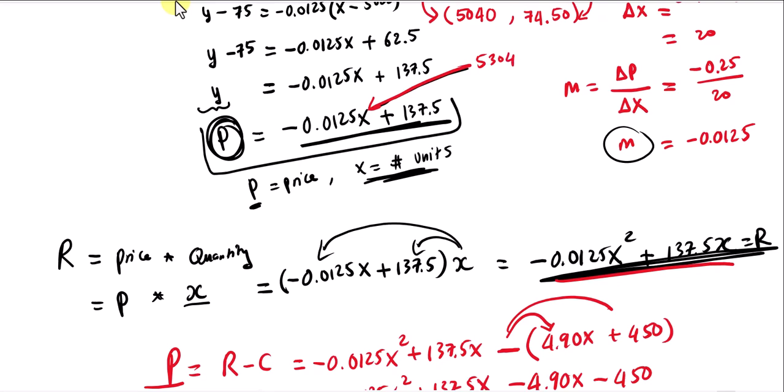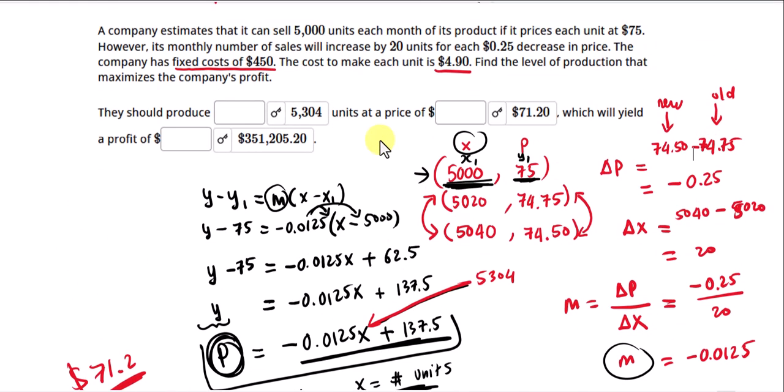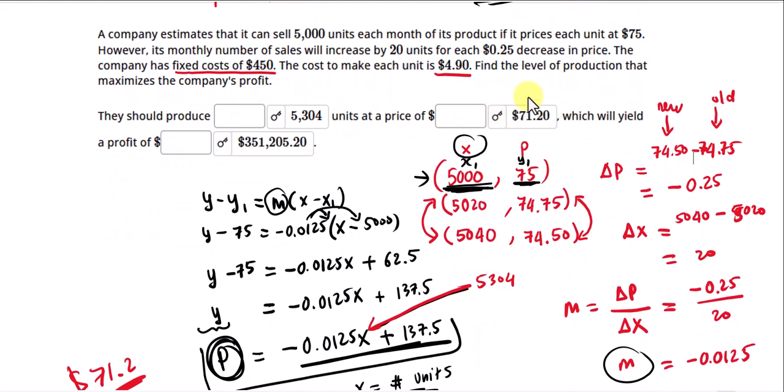So I take minus 0.0125, multiply 5,304, and add 137.5. You just make the substitution and then add them to get the price. And it should give you 71.2, if you do it correctly. That is the price to maximize the profits, and that is right here, 71.2.